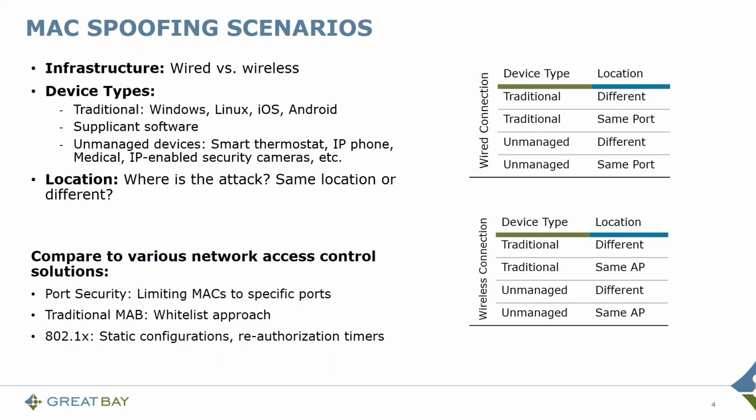But also, with some 802.1x solutions, the re-authentication timer is every, say, hour or 2 hours, right? So if you disconnect that device and connect in a new device with the same MAC address, then you have to wait that set time until the re-auth occurs before it'll catch the spoof and kick you off the network. So depending on the technology in place and the vendor you're using, that is a valid concern.